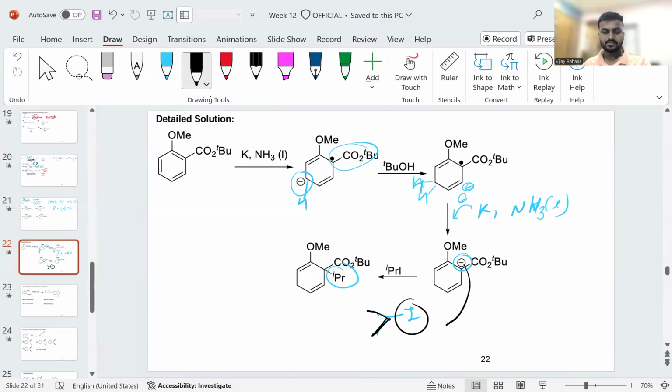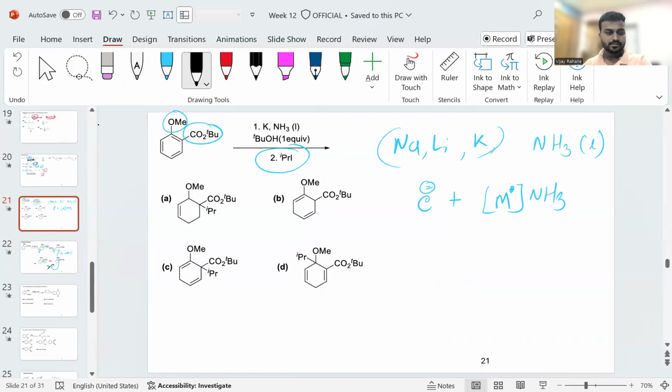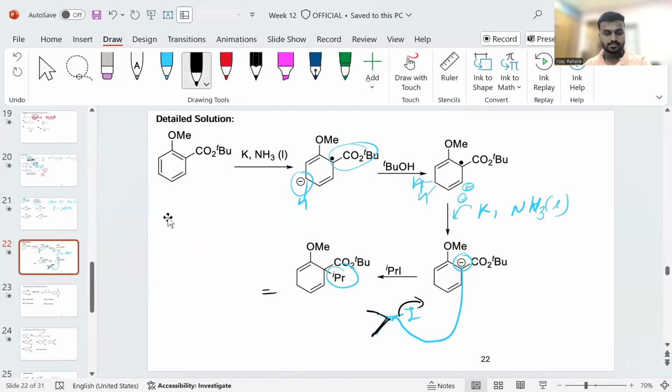So this negative charge attacks the secondary carbon and the iodide gets eliminated as I negative. So we get this product. Option C is the correct option here.